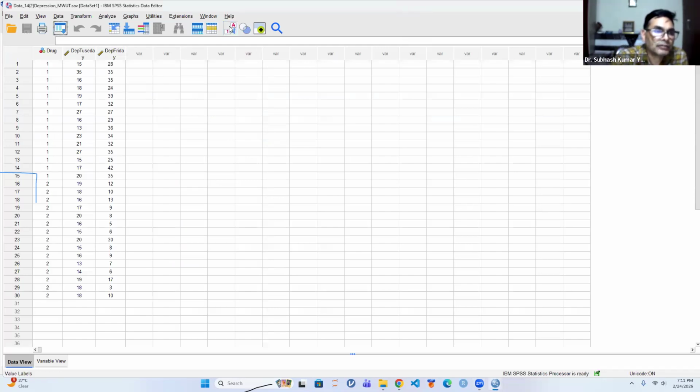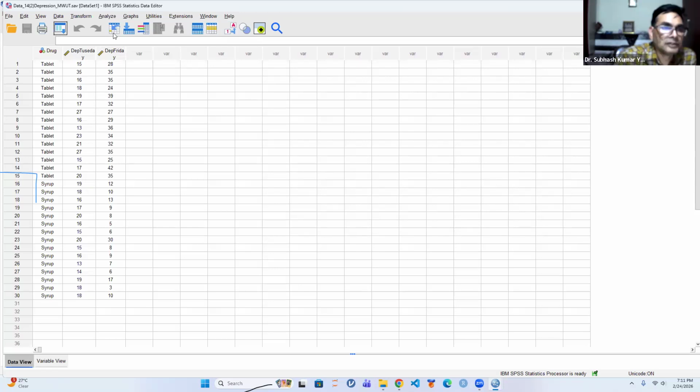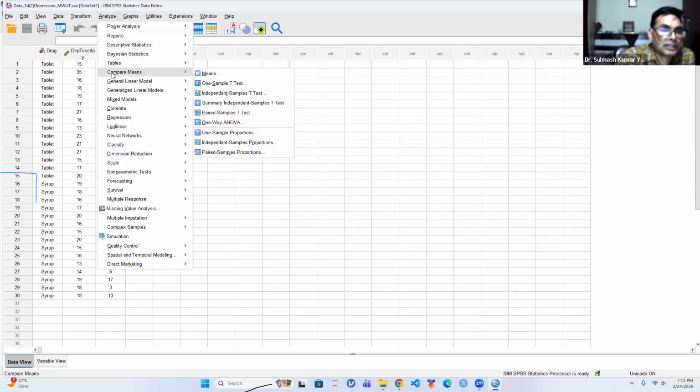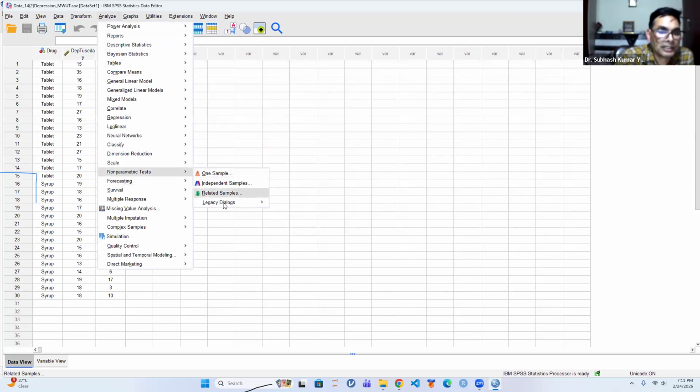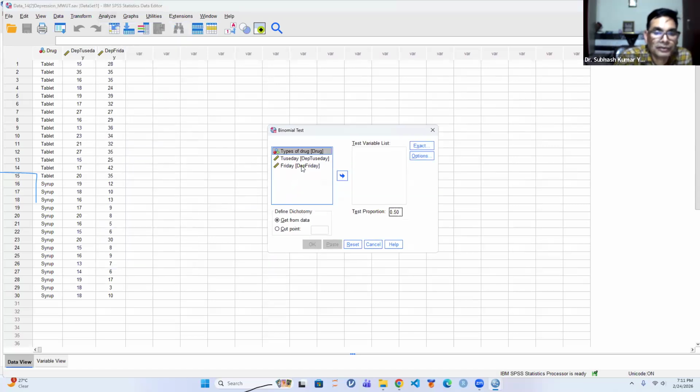You can see here we have two groups, one has been given tablet and another one has been given syrup, and we wish to see the effect of these two on the two groups. If we are taking independent groups, then we can go for the two groups. And if we are taking these observations, then it is repeated measure observation. So go to analyze, go for the non-parametric test, and there go for the Legacy Dialog. And if we wish to check the binomial distribution, then we can go for that.